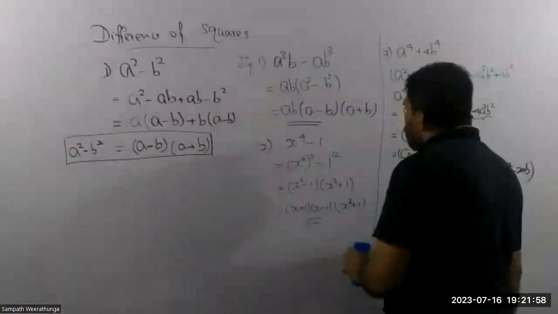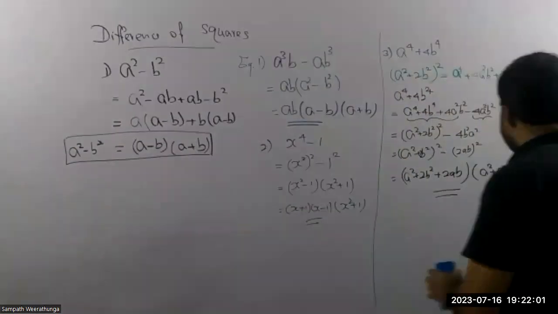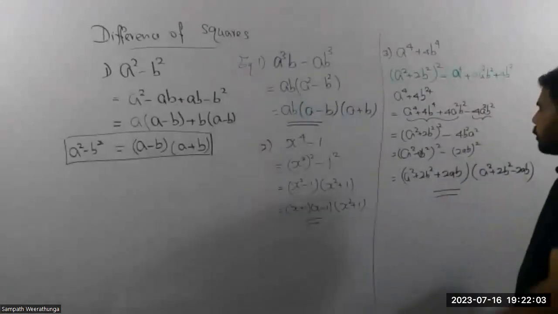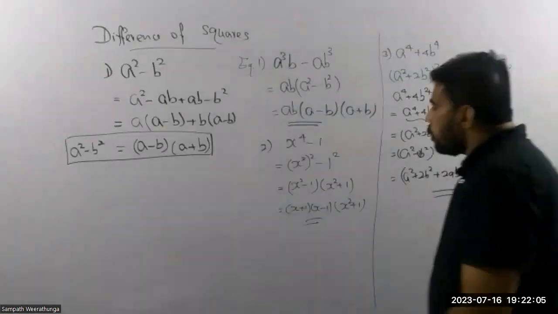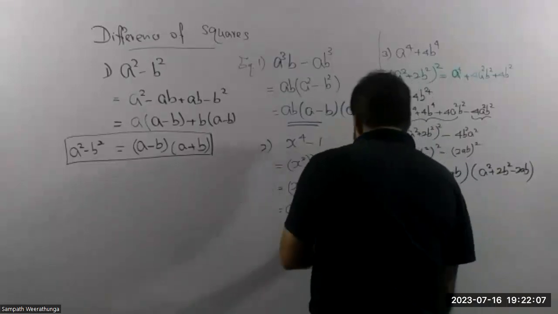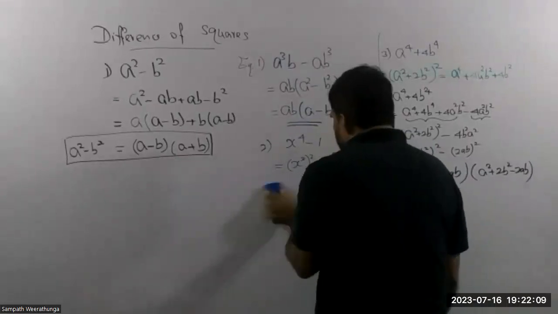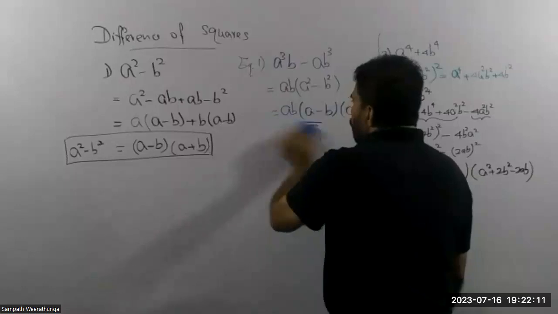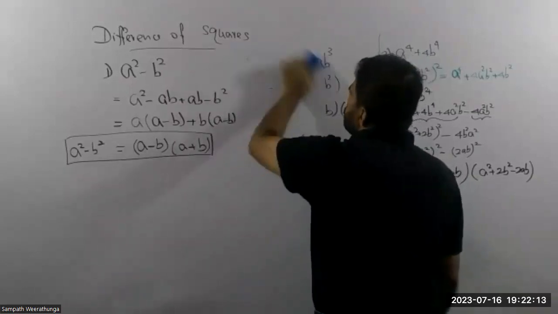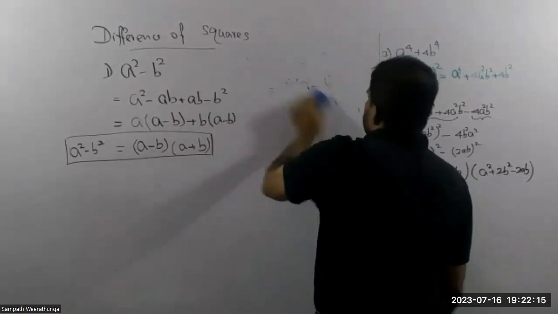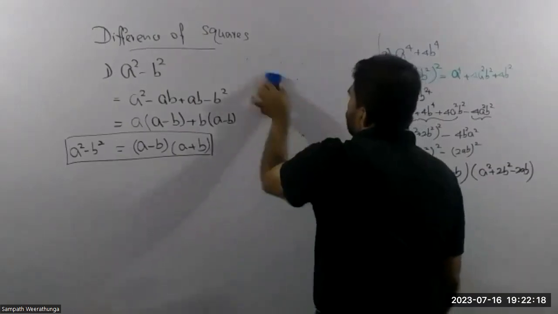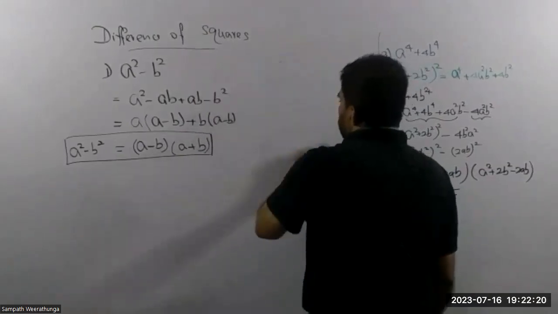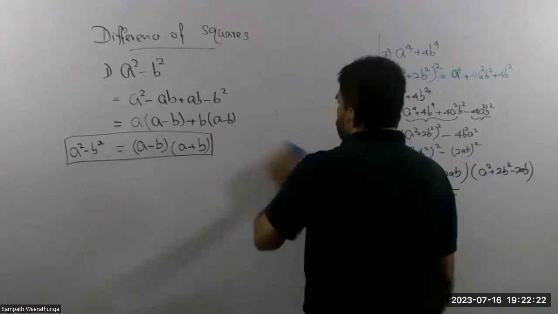Right. Okay, I'm going to erase this, and you copy this part as well. And I'm going to do some more exercises to train you how to apply this relationship in different natures of problems.